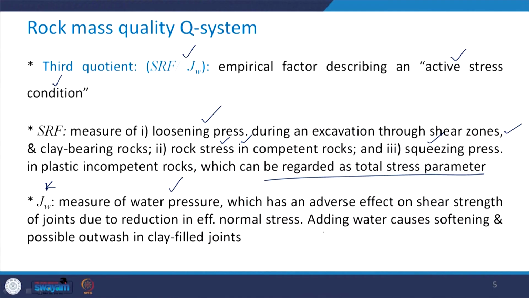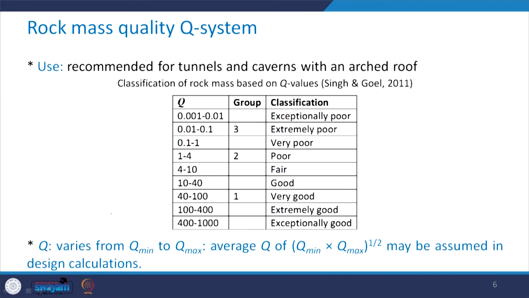So, adding water causes softening, and there may be possible outwash in the clay filled joints. So, this whole thing gives the reduction in the shear strength of the joints.